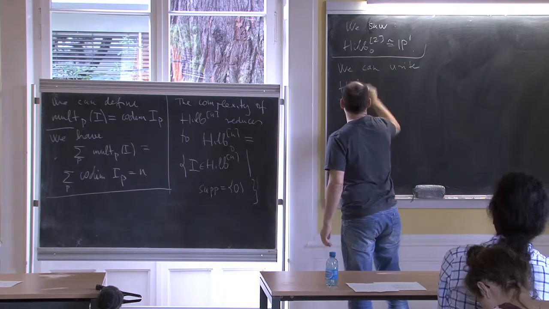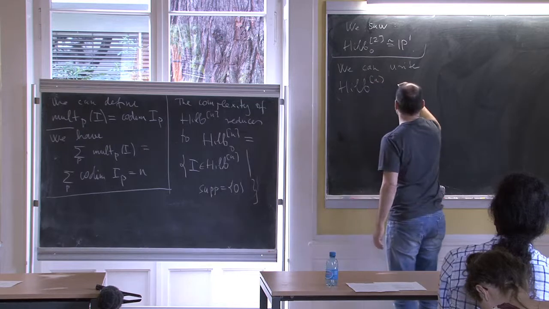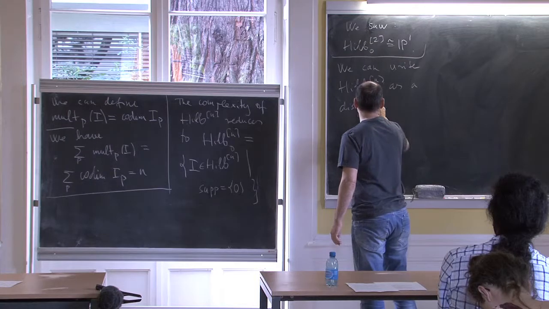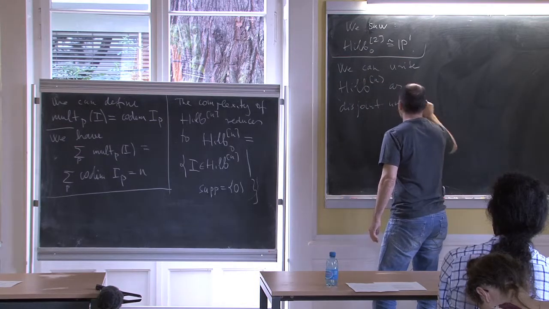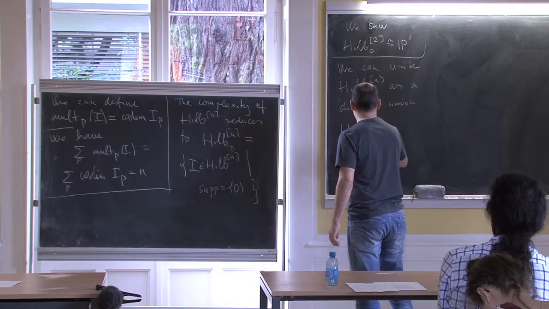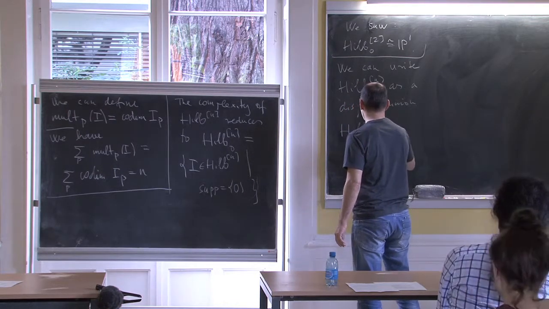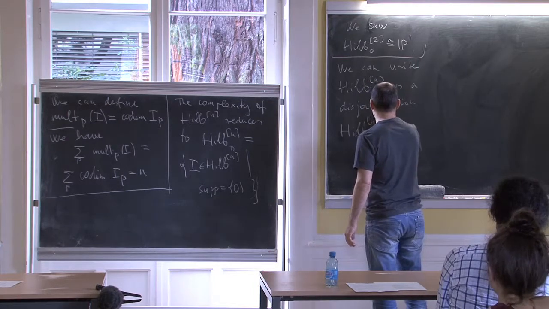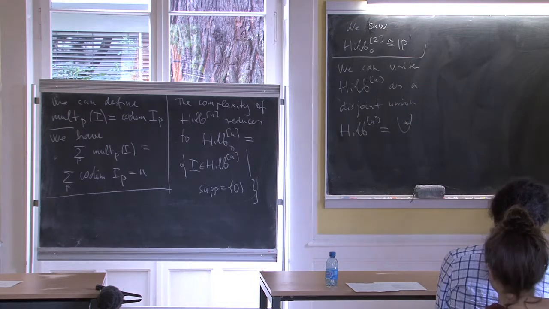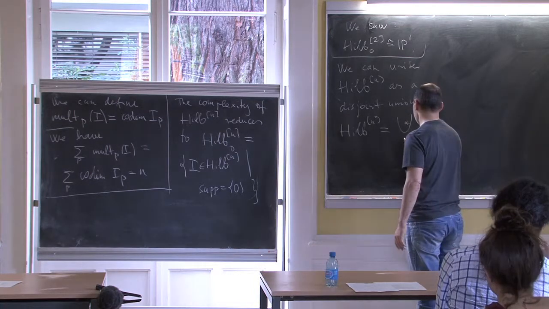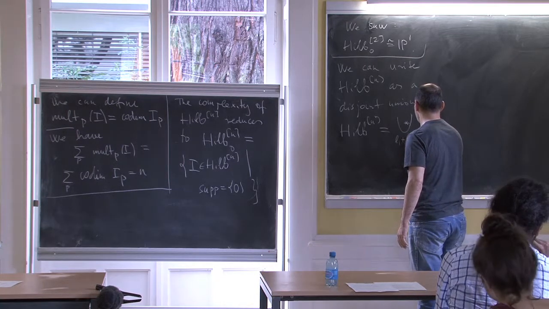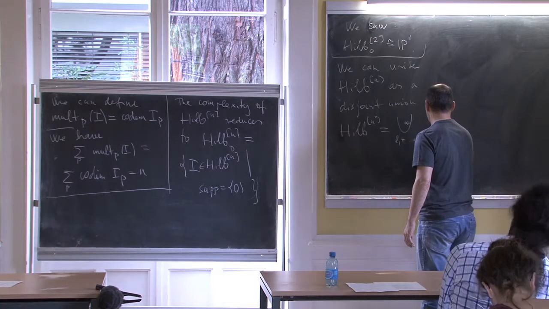Hilbert n as a disjoint union. So you just look at some L1 plus ... plus LK equals n.